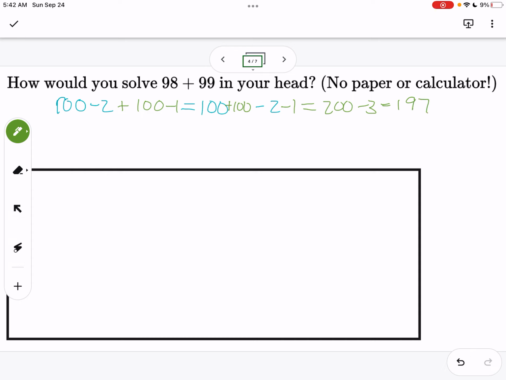And so, imagining the 98 stacked on top of the 99 and doing vertical addition isn't too bad in this problem.